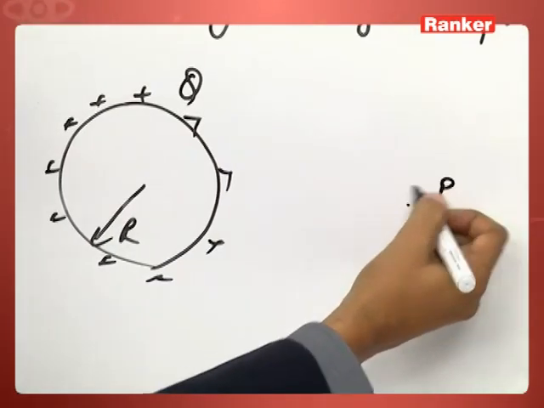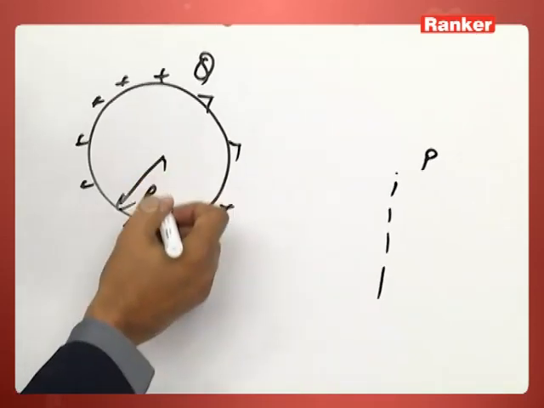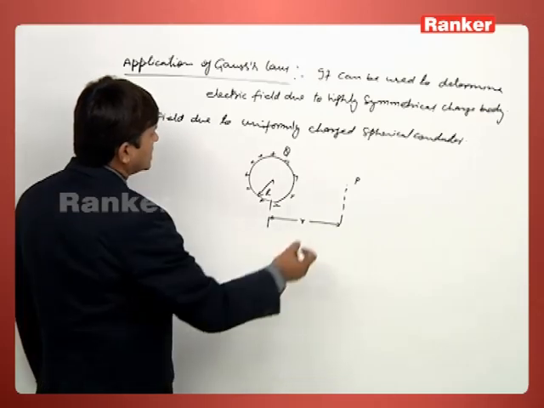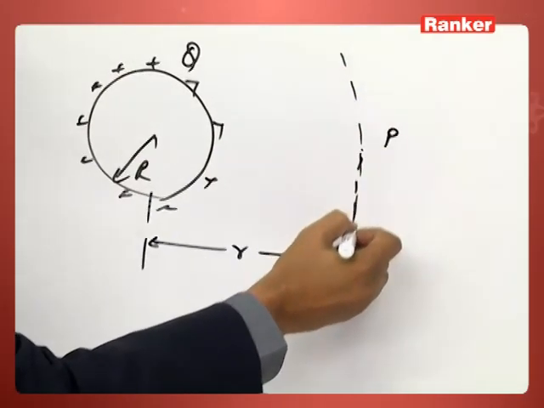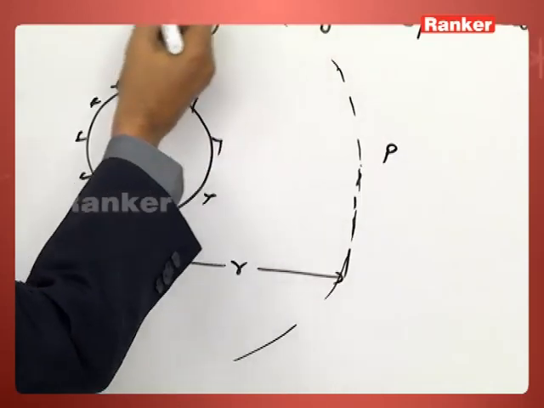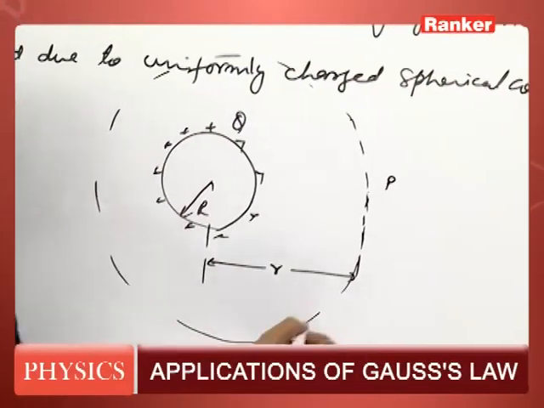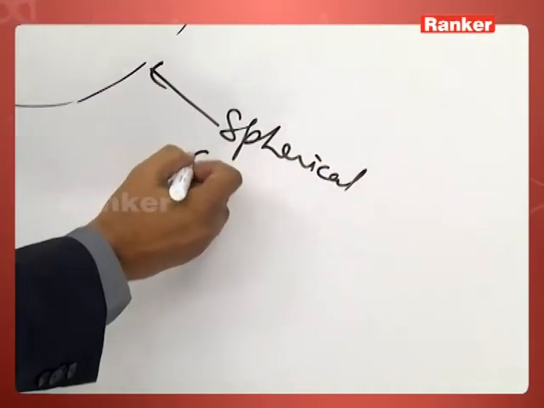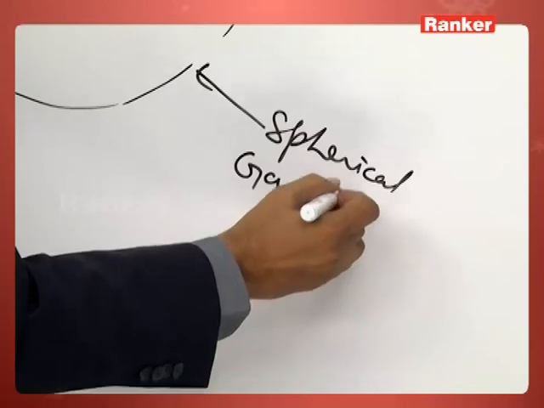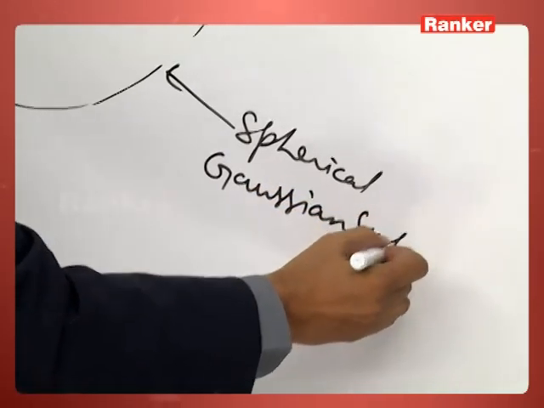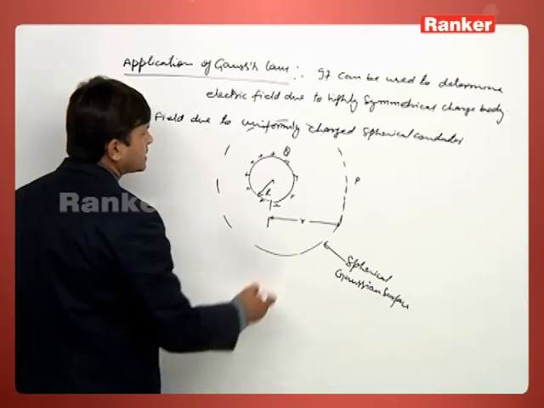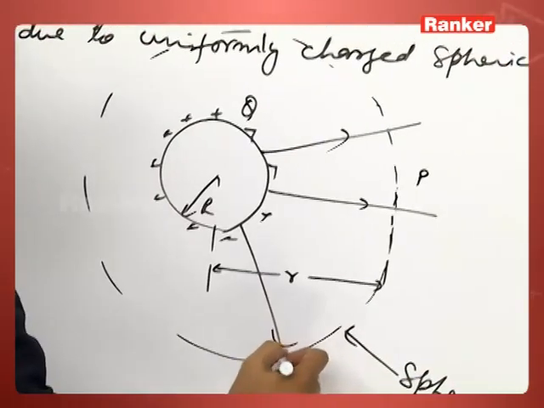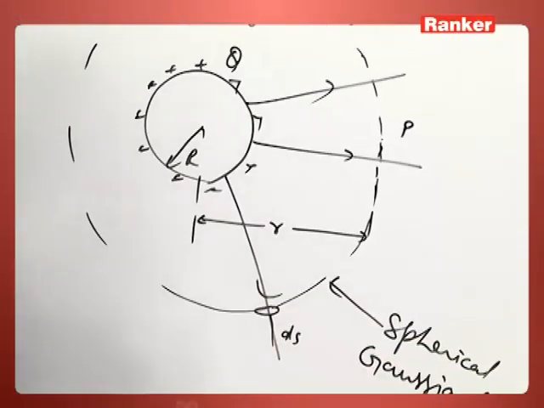Suppose we want to calculate the field at point P, which is at distance r from the center of that sphere. So, if we are making a spherical Gaussian surface like this, here also lines of force and area vector make an angle 0.